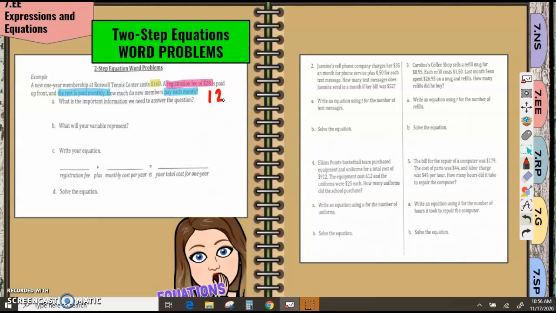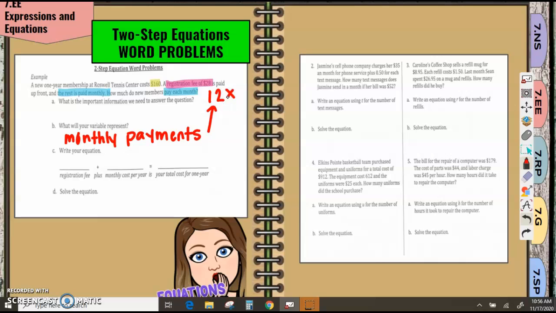So the variable represents the monthly payments, which is why we need that 12 in front of the variable.